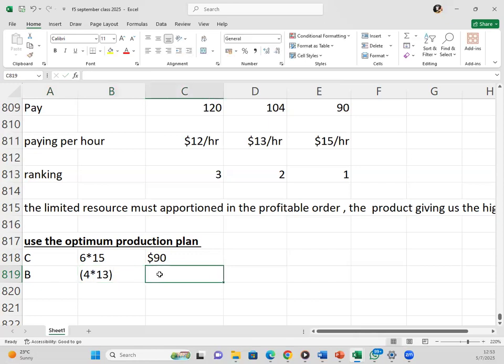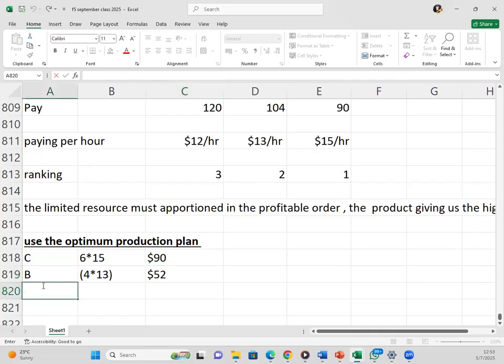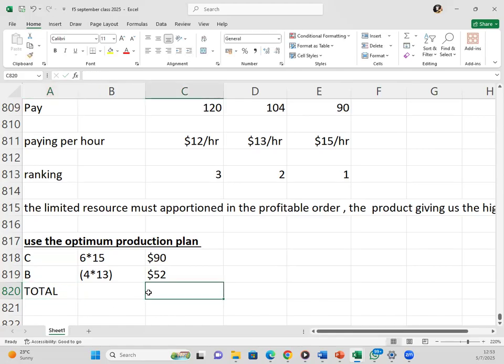So for those 4 hours, that's 4 times 13, you get $52. So your total will then be 142.